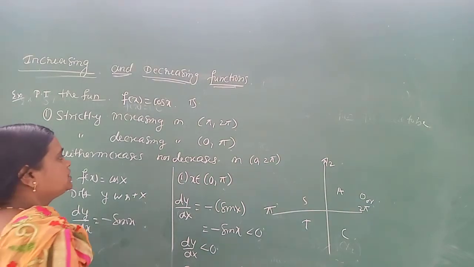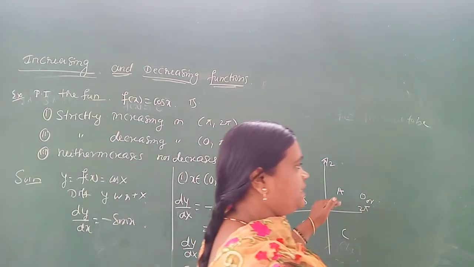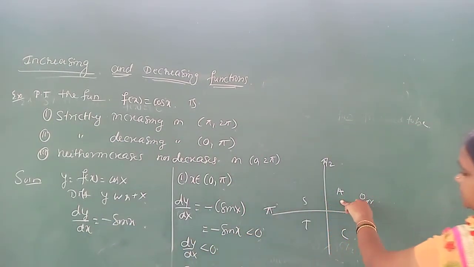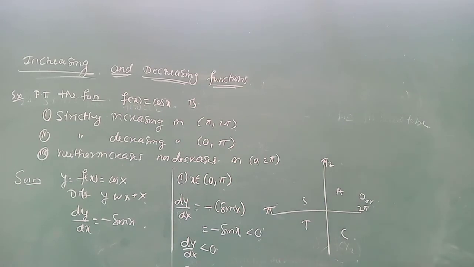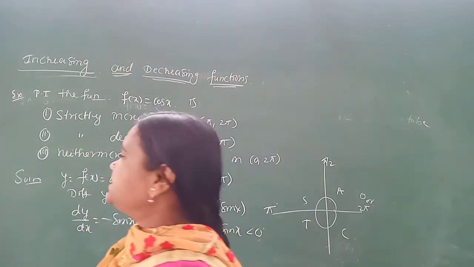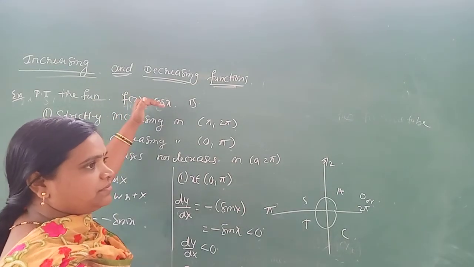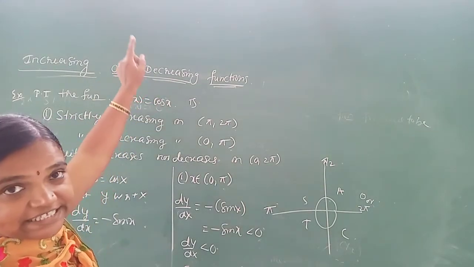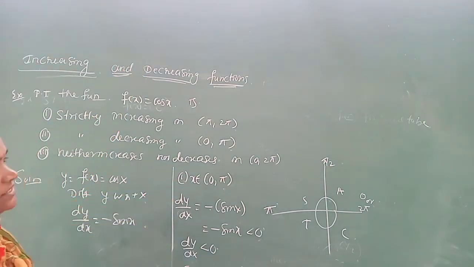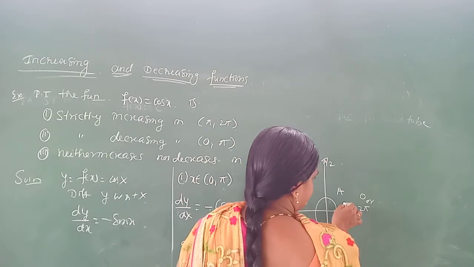Next, third one. See, in 0 to pi, it is strictly decreasing. Pi to 2 pi, it is strictly increasing. Therefore, 0 to 2 pi, complete circle. For complete circle, it neither increases nor decreases. Why? Because see, 0 to pi, it decreases.